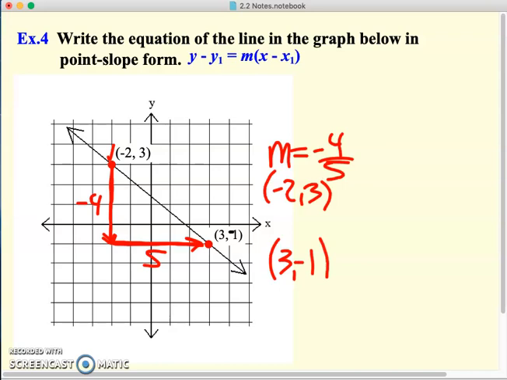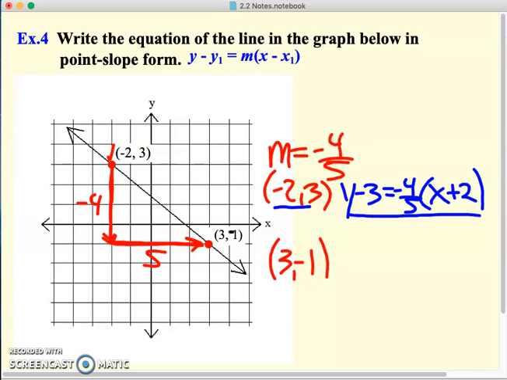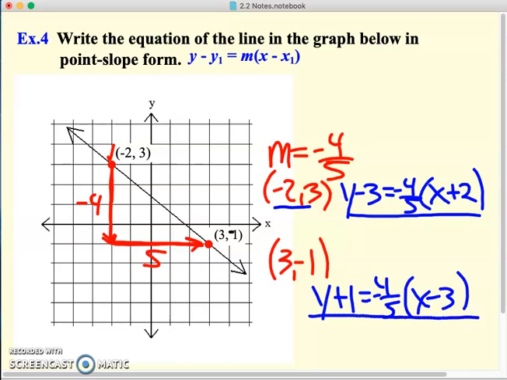All right, so let's say I'm doing it with -2, 3: y minus 3, -4/5 is m, x minus a minus is plus, or I just keep reminding myself that from coordinate to equation I have a sign change. I'd use the same slope but different point, so this would be y minus a minus, plus, -4/5 x minus 3. And again, if I was to convert those over into slope-intercept, mx plus b, they would both produce exactly the same equation.